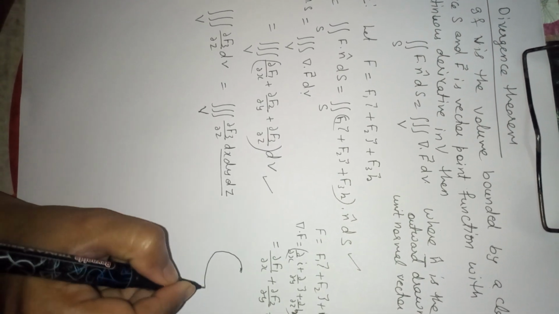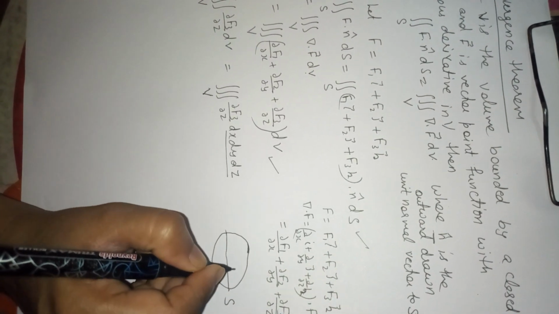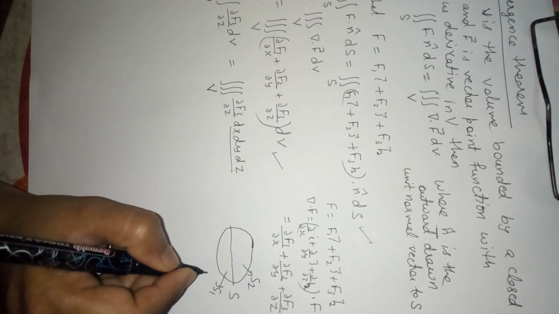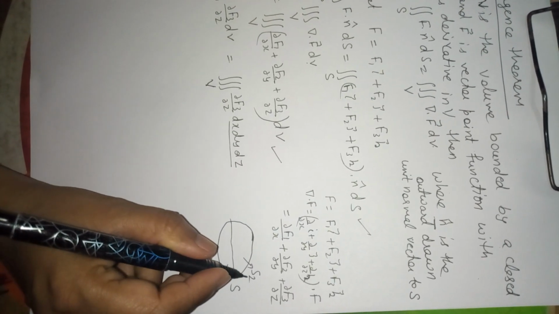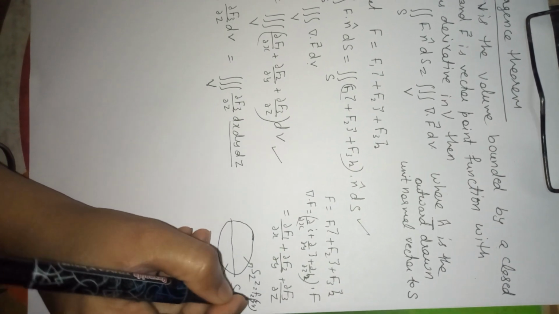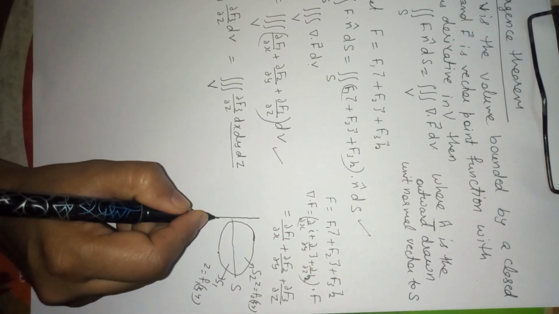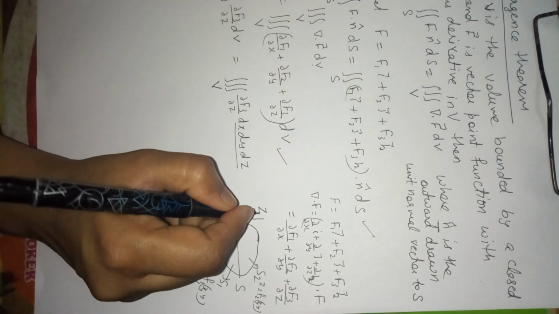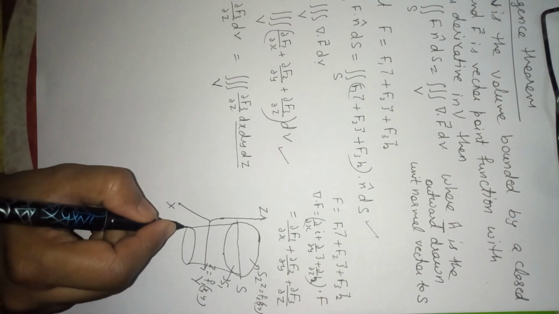Let us suppose S is any surface, and we divide it into two parts, surface S1 and surface S2. Let S1 be the surface z equal to f1(x,y), and S2 the surface z equal to f2(x,y). This is the lower surface and this one is the upper surface, and let us suppose its projection in the xy plane is R.